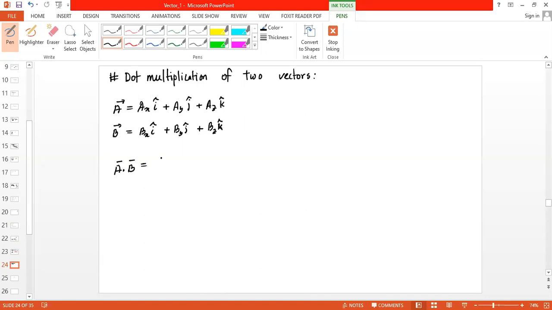A dot B means, so at first what I have to do? I have to multiply this way. At first I have to multiply AX with all of them.